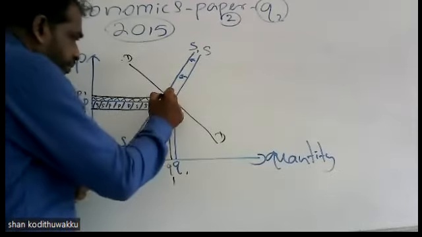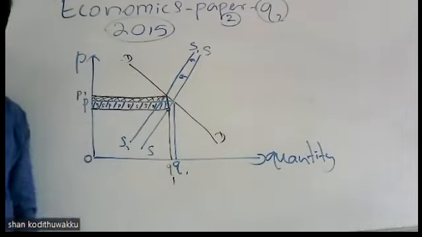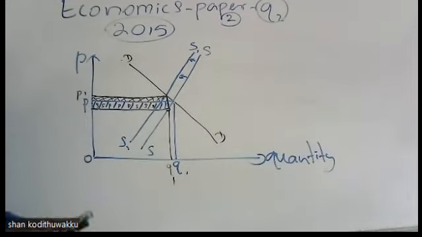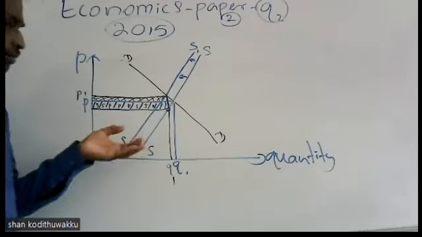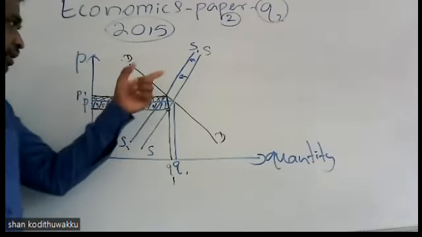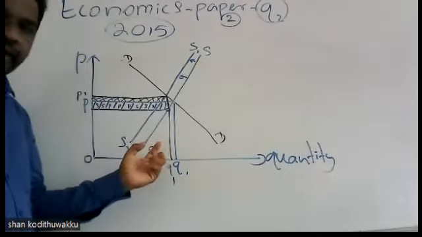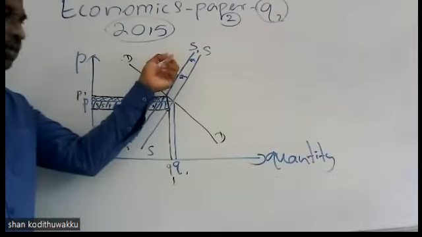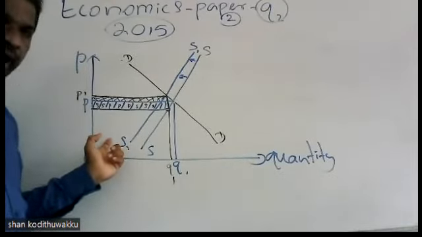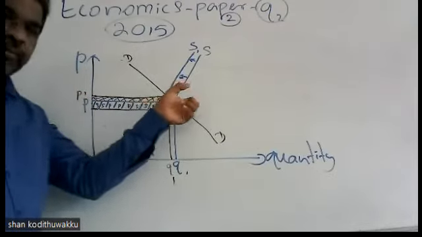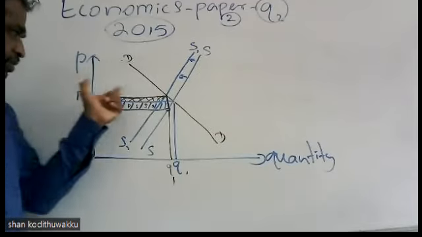Then we consider the vertical distance of the two supply curves. If there is a unit tax on a specific product, then there will be a change in supply. Therefore, the original supply curve will shift to the left, that is S1. Because of that, no change in demand, and the original price will increase from P to P1.